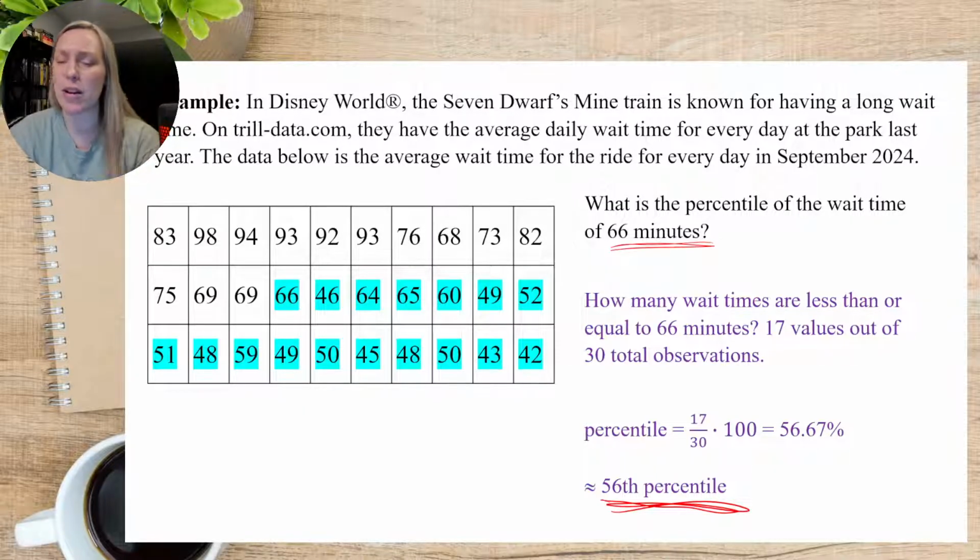Now, what does that mean? You found the percentile, but what does that mean? That means that if you have a wait time of 66 minutes, you are at the 56th percentile, meaning that approximately 56% of all wait times of this ride are going to be less than 66 minutes.